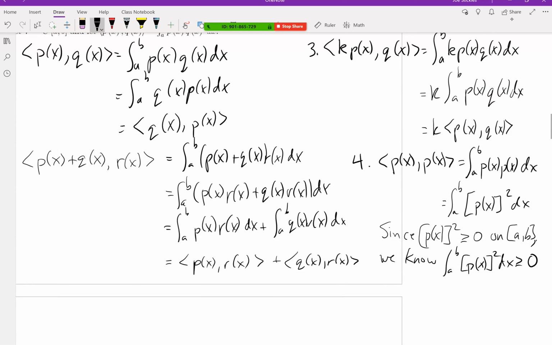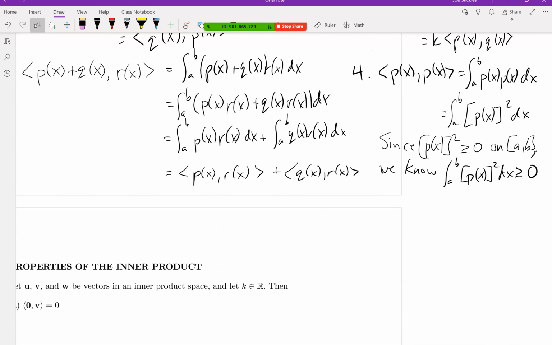We also have to show that when you dot product with itself, if you get 0, the only way you can do that is if you started with the 0 function. So let's go the easy way first.